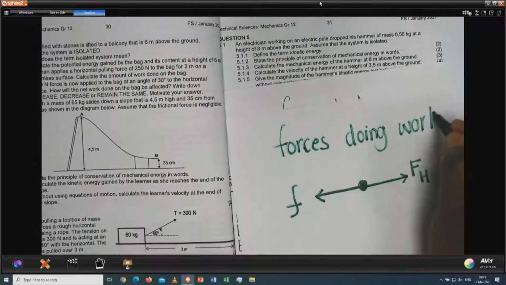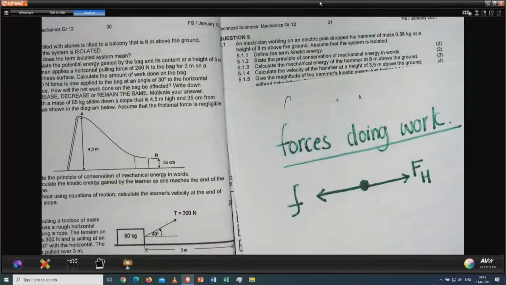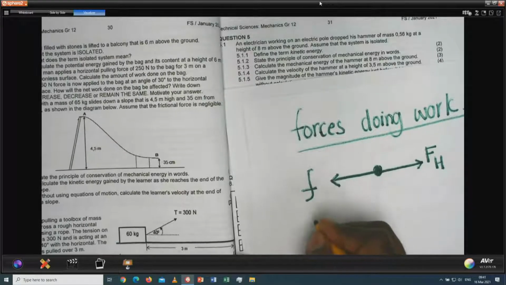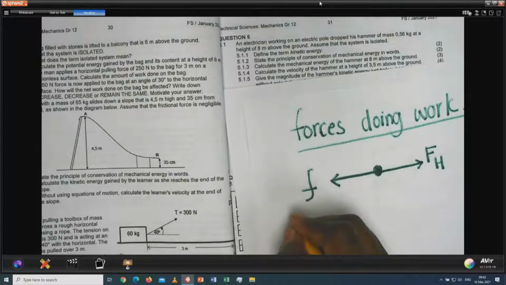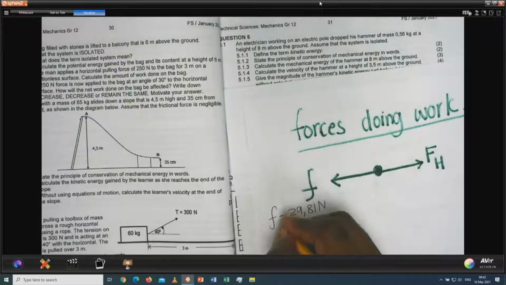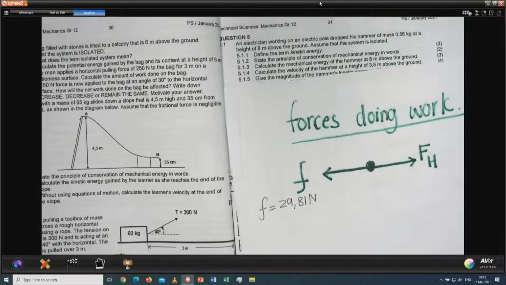The forces doing work. Then we are given that the frictional force is equal to 29.81 newtons.